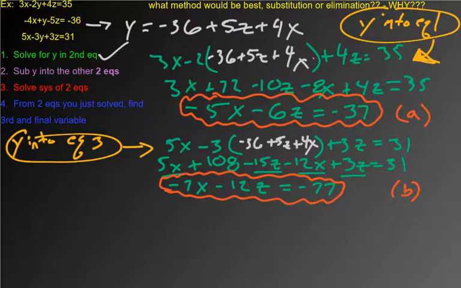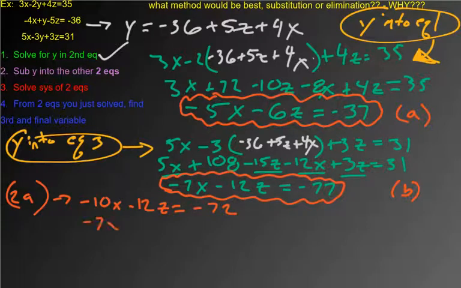So I'm going to do 2 times A, basically, and if I do that, I would get negative 10x minus 12z equals negative 72, and then I'm just going to copy that other equation, B, down here.